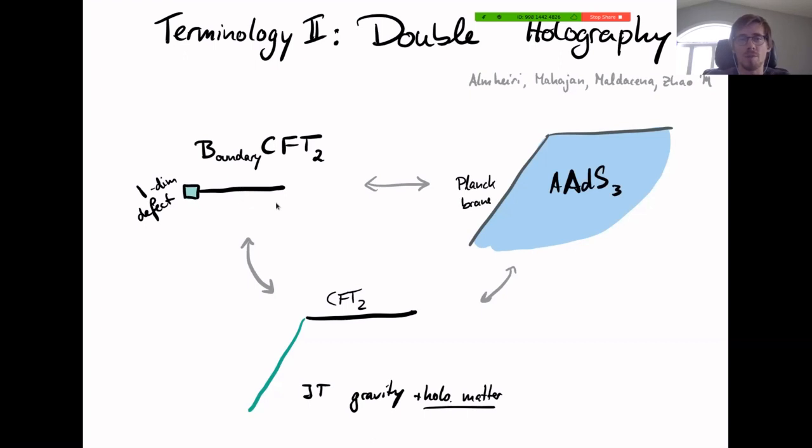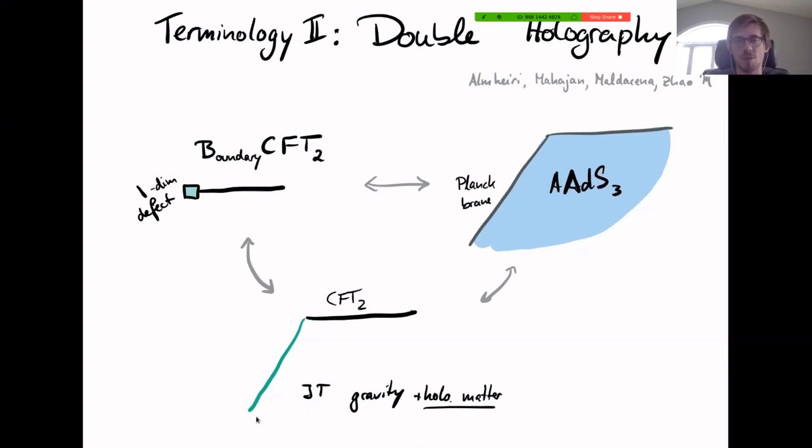At the point where the space-time on which I've defined my CFT ends, and think of this as going off to infinity, I've introduced this one-dimensional defect, and I say that's some holographic system, which itself is dual to JT gravity plus a copy of the same CFT on the background. If I then perform holography on this defect, I get something like this. I have my CFT on some rigid space-time, which was just Minkowski space in the previous example, and then I have some dynamical theory of gravity.